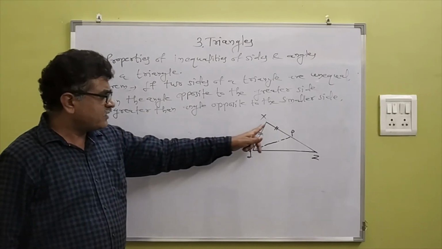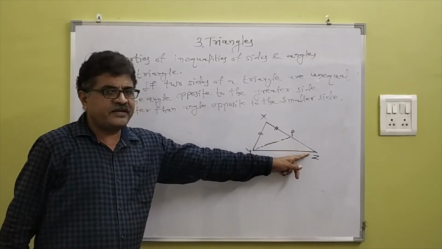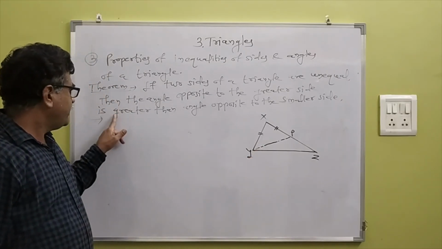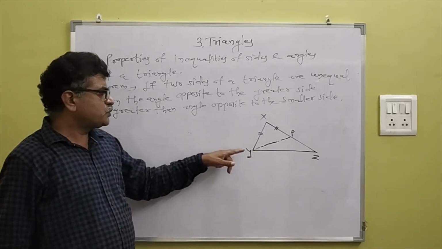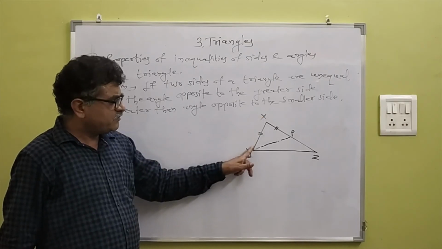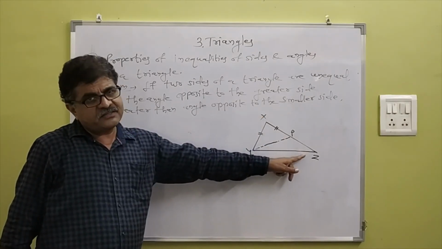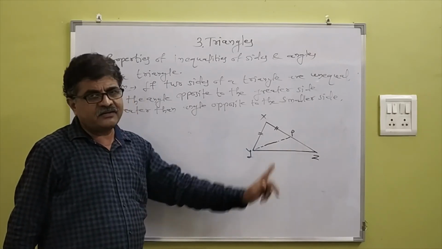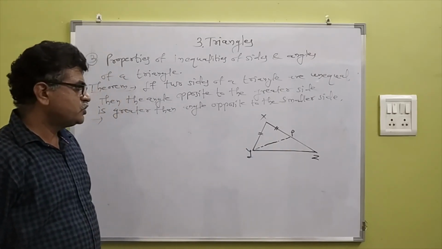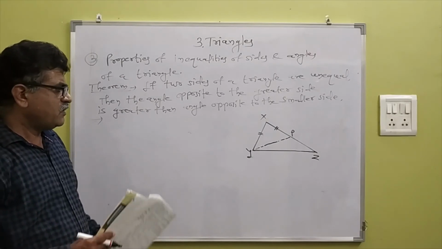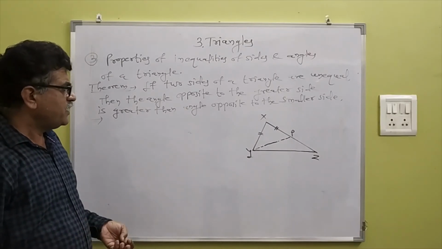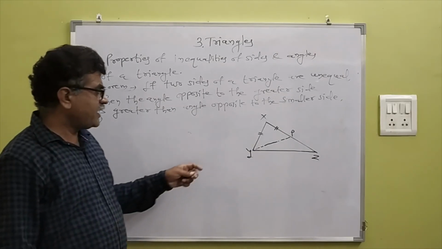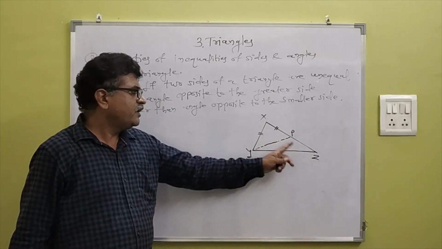Angle opposite to greater side XZ, its opposite angle is angle Y, is greater than angle opposite to smaller side. Now opposite of this side is angle Z. Therefore angle Y is greater than angle Z. We have to show this. Now how can we solve this? First write down given in triangle XYZ.